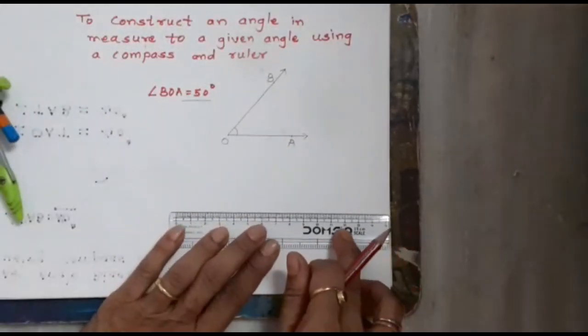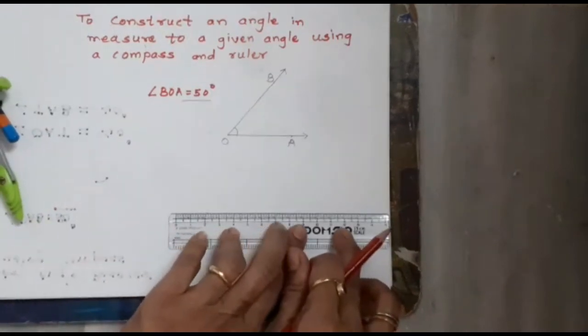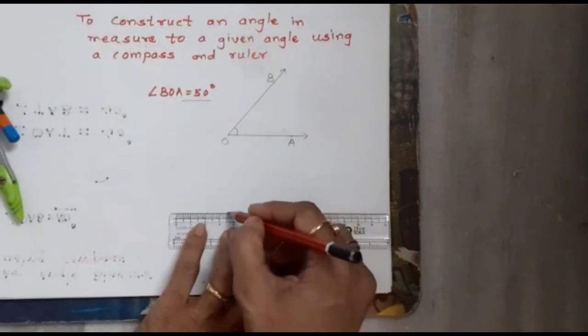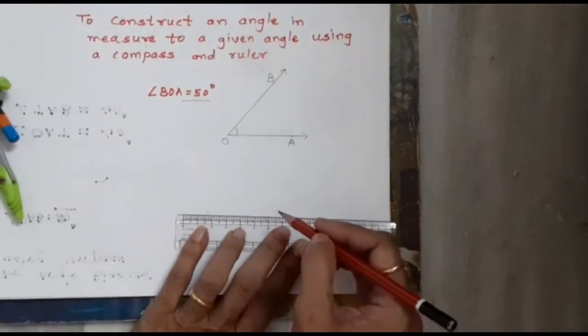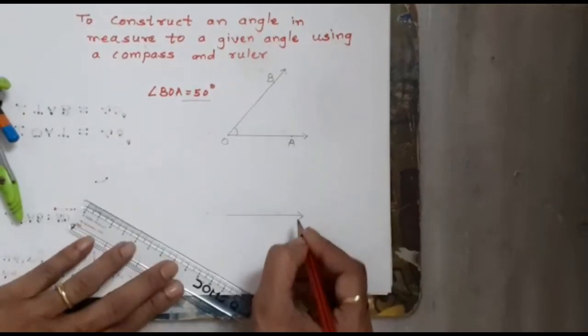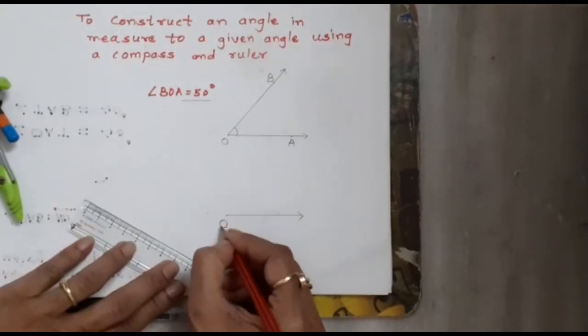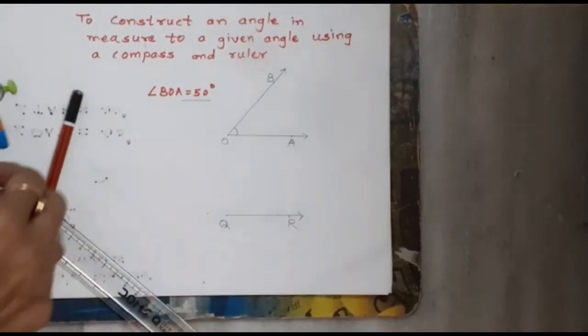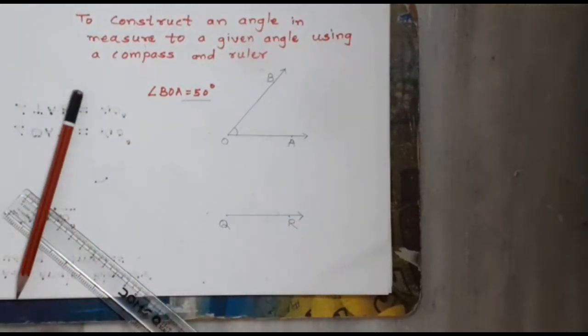Again, what you have to do first: here I am drawing one ray QR. Draw a ray QR.